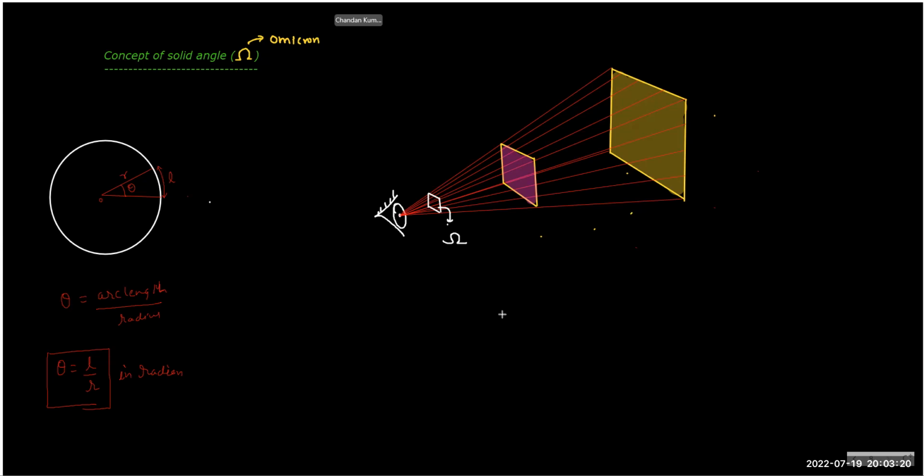Sphere. A sphere. So on any sphere, at the center of the sphere, if I choose any patch, a patch is like a small area. Let's say I choose the patch.